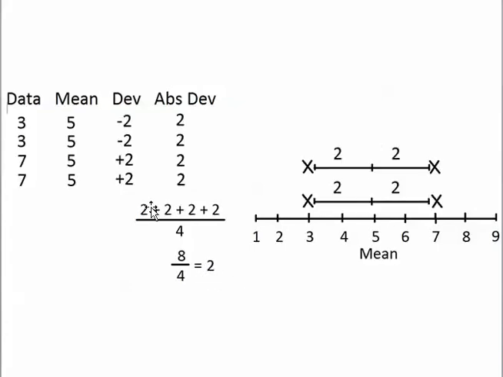But what if these two values drop down to 3 and 3, and these two values go up to 7 and 7. So in our data right here, we have 2 3s and 2 7s. We can see right here in this column that every value is 2 away from the mean, because these two values are 2 away from the mean, and these 2 7s are also 2 away from the mean.